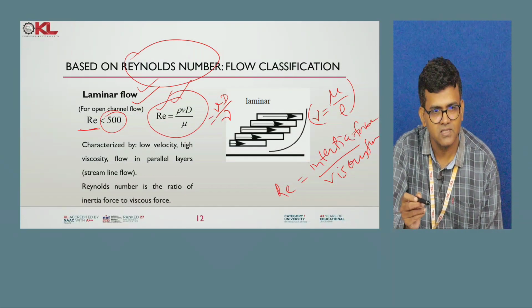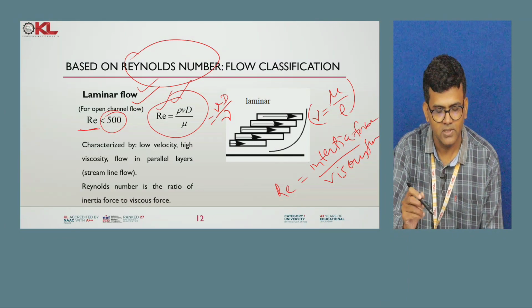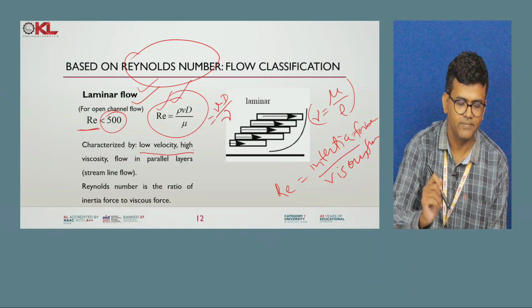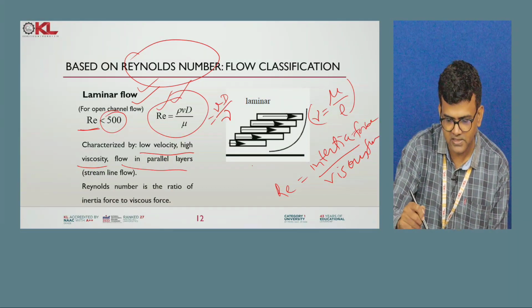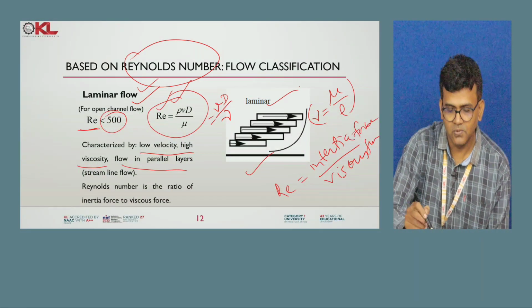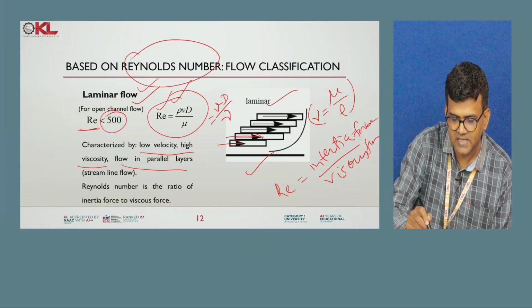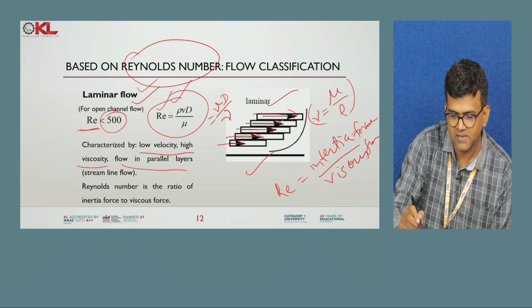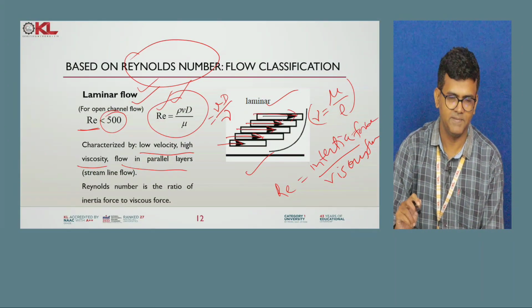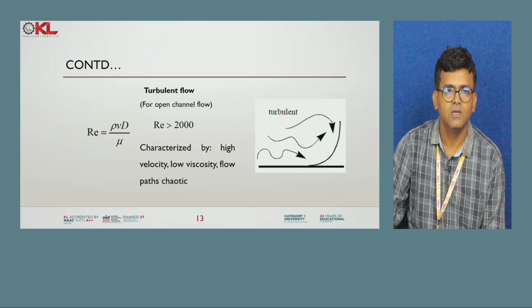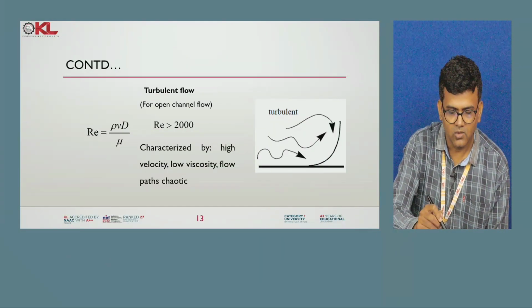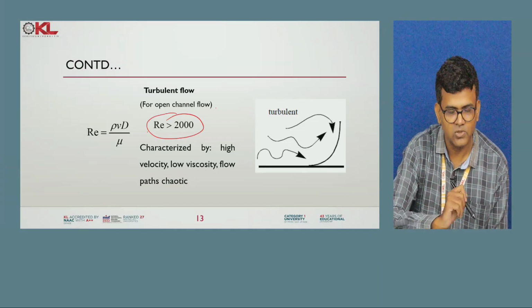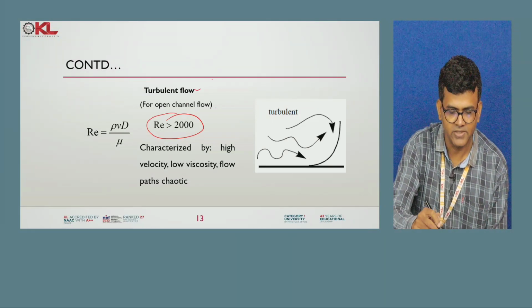So what are the characteristics of the laminar flow? It has low velocity, high viscosity, and flows in parallel layers. You can see here the laminar flow. The streamlines are parallel to each other, so it is called the laminar flow. In case of open channel flow, if the Reynolds number is more than 2000, then it is called the turbulent flow.